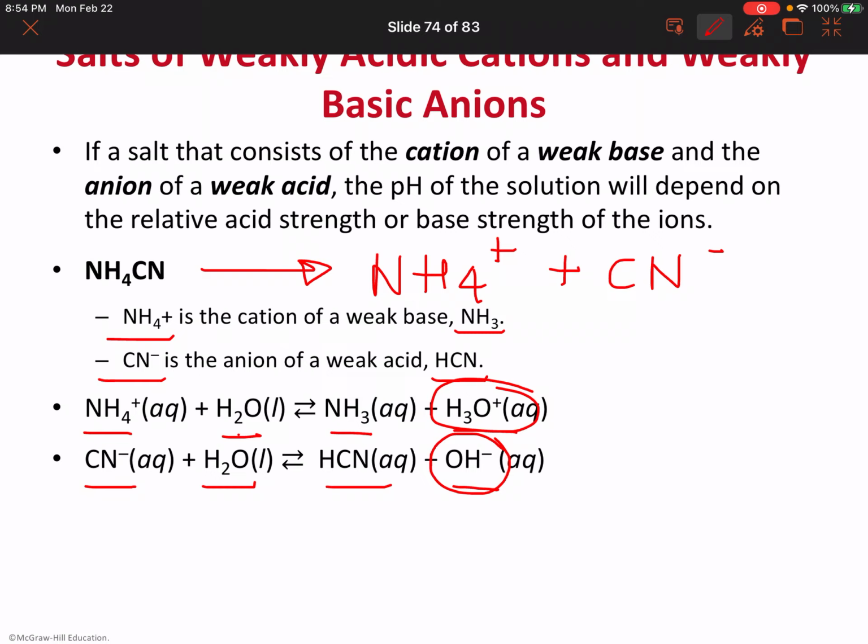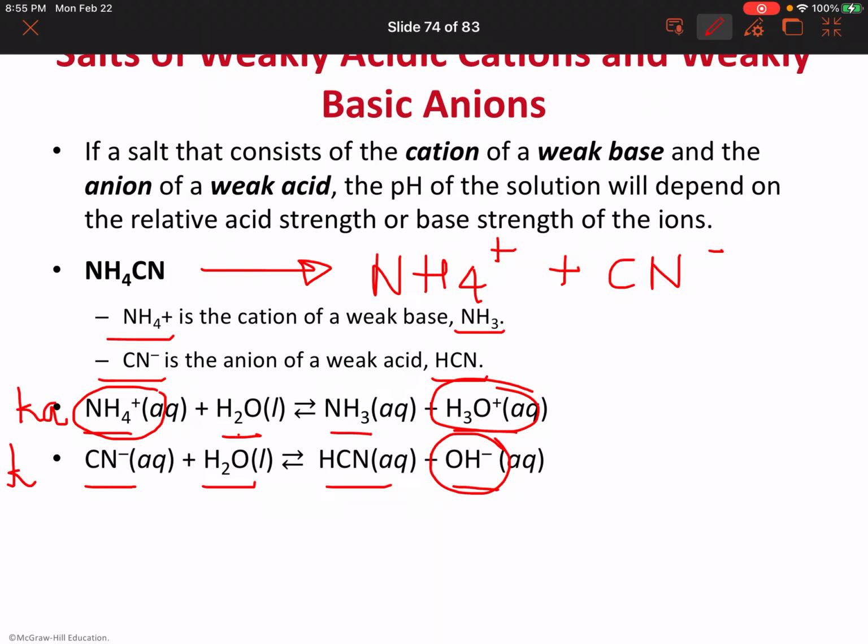To identify whether the solution is going to be acidic or basic, we need to find out the Ka and Kb values of these ammonium ions and cyanide ions. Here the ammonium ion is acting as an acid, so we need to find the Ka of the ammonium ion.